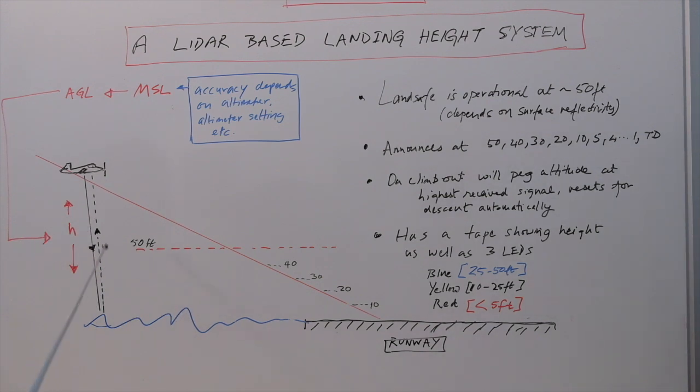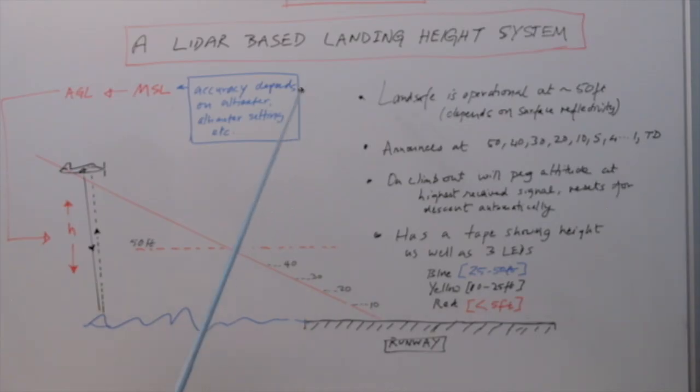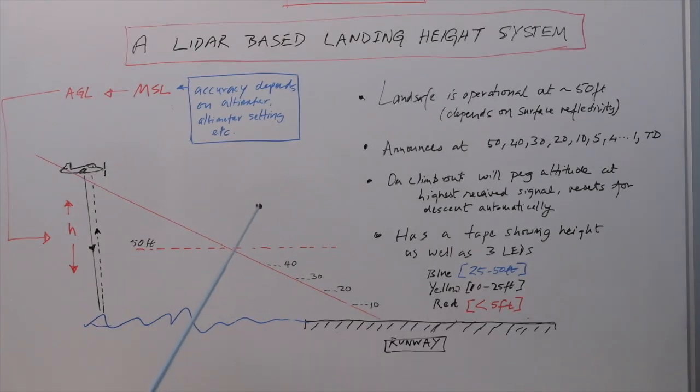Anyway, to cut a long story short, what we have is MSL, whose accuracy depends on the altimeter setting, and that we convert to an AGL if you want to know exactly the height above the ground. But in this particular case, when we use LIDAR or some kind of electronic light-based system, we can actually shoot some radiation down to the ground and measure the distance that way, using the time of flight as well as the speed of light. So that's the most accurate way of doing it.